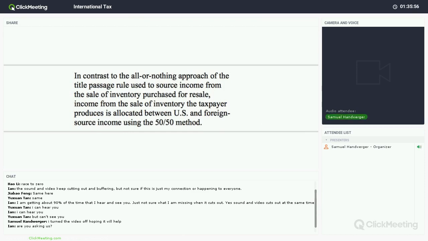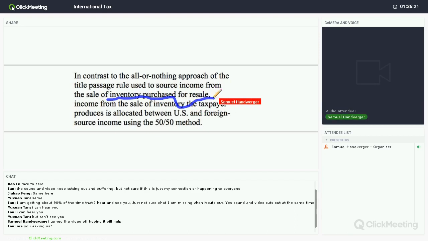When you manufacture your inventory, things change. Again, we talked about this last week, so this is a review. When you manufacture your inventory, it's a little different. This title passage only applies to purchased inventory for resale.